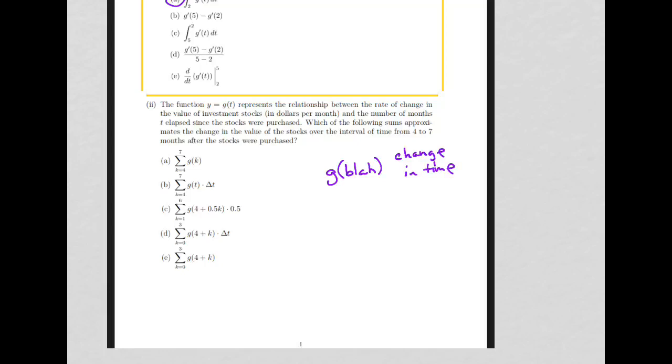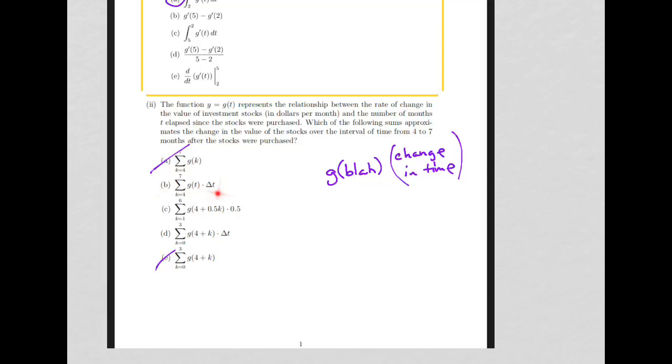So that means that this one is immediately out and this one is immediately out. A and E do not have that change in time aspect. And on these, you have delta t for the change in time, and here you have 0.5 for the change in time. We want to see which one is the best. I'm going to say they're all pretty okay, but one is the best.